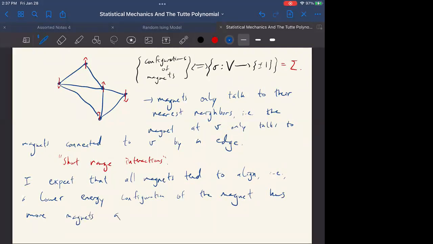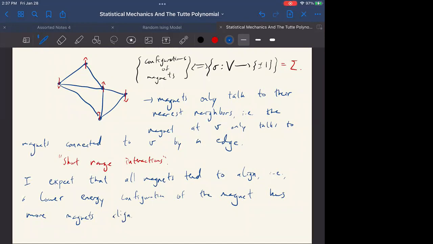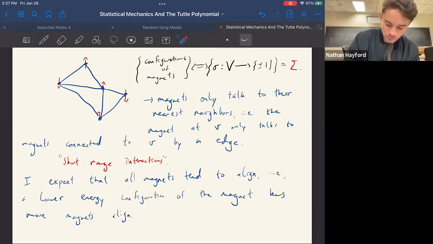So there's no external field. Oh, sorry, it was just really loud on my computer. But for right now, no. We can add one in later, but we want the magnet to align, even with the external field, if there is one. Yeah? Well, if there's an external field, then what you've said makes sense. But how do they have minimum energy if they're all aligned without the presence of an external field? Okay, well, it takes more energy to hold a magnet pointing this way.